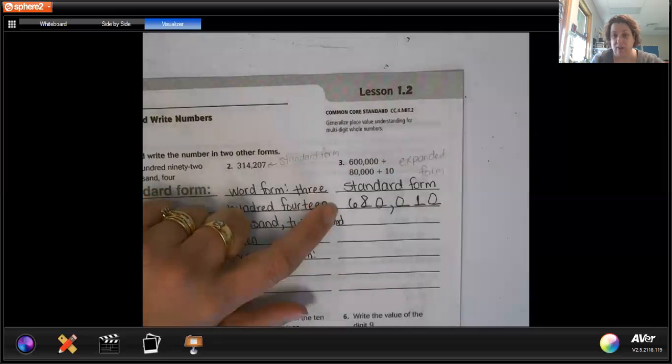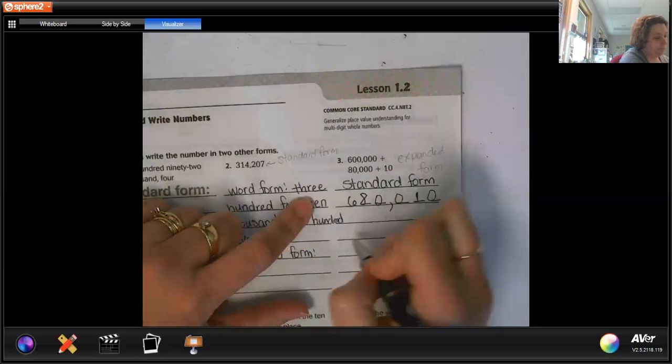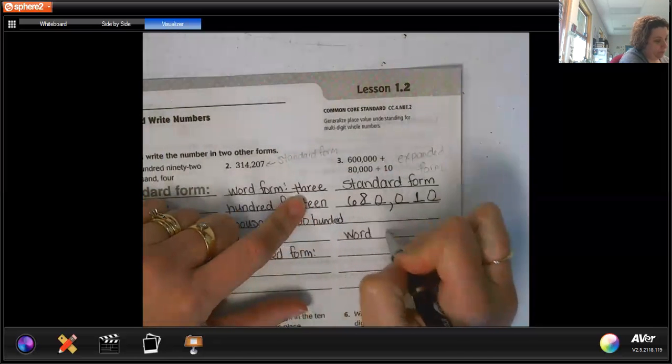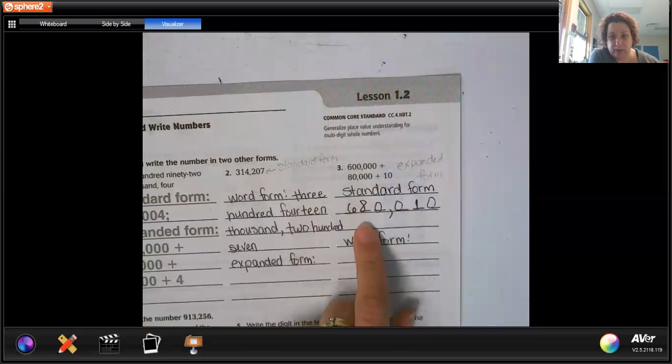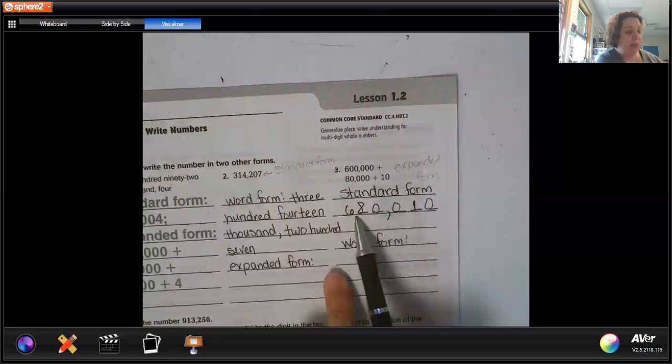So the third thing that I'm going to want is a word form. So I'm going to start with my thousands, period, here. So I have 680,000.